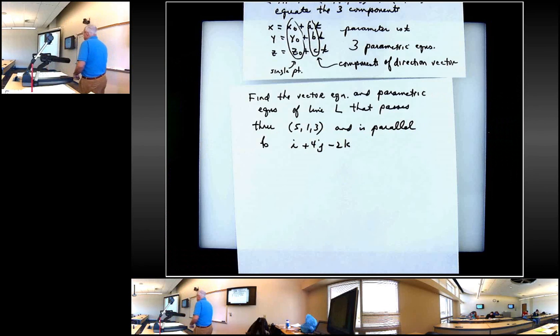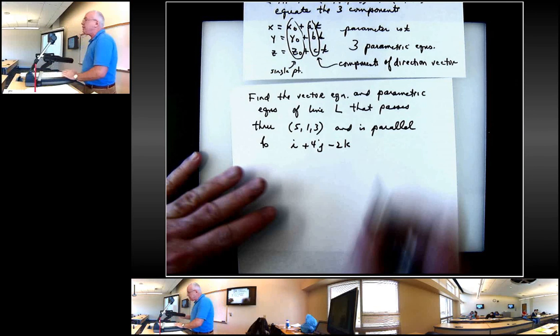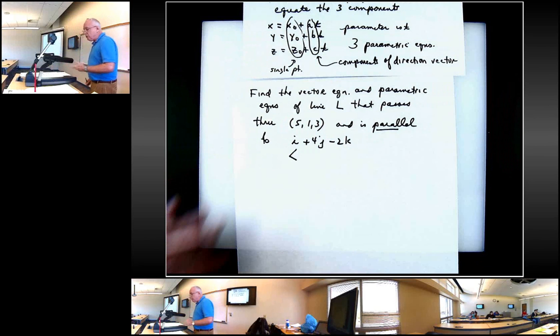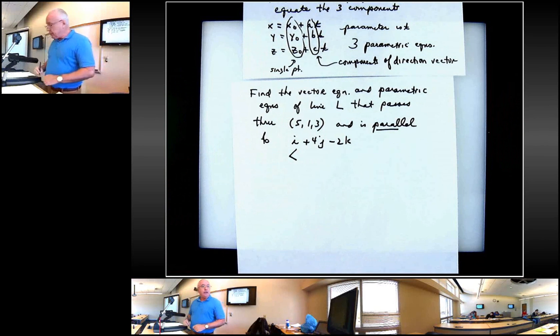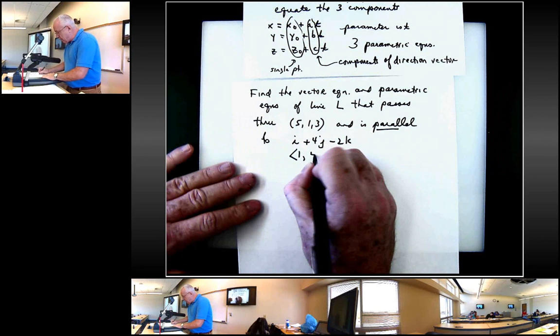All right. So we are given a single point that the line goes through, and we're given a direction vector, because the line is parallel to this vector. And why don't we just go on and rewrite this i plus 4j minus 2k using the angle bracket. That's going to be 1, comma 4, comma minus 2.